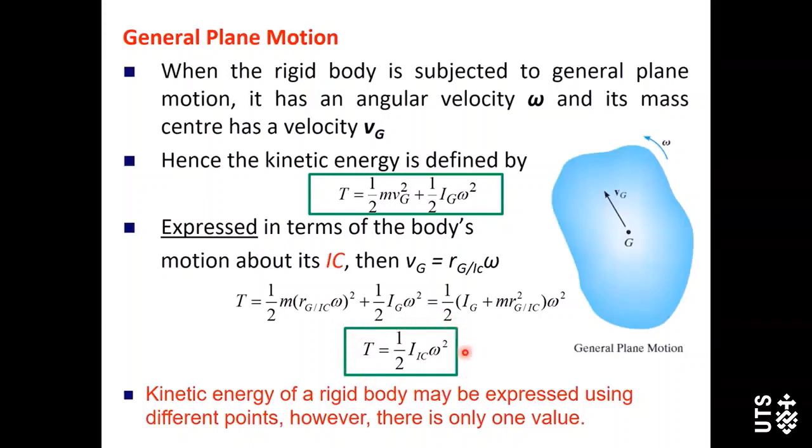And here, actually, we select the IC point for the calculation. And you will see this equation is similar to the equation we worked out for rotation about a fixed axis in the last slide.